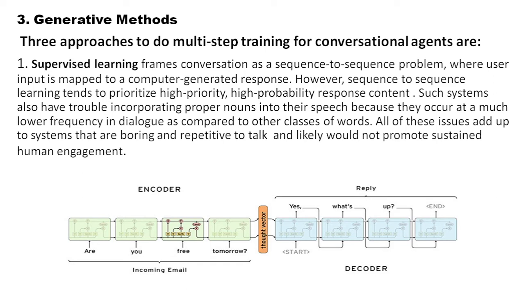Such a system also has trouble incorporating proper nouns into its speech because they occur at a much lower frequency in dialogue as compared to other classes of words. All of these issues add up to systems that are boring and repetitive to talk to and likely would not promote sustained human engagement. This is the method of encoding and decoding.